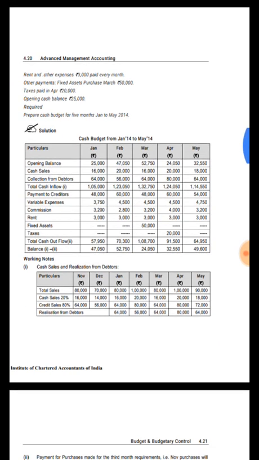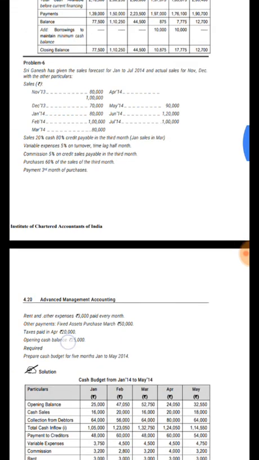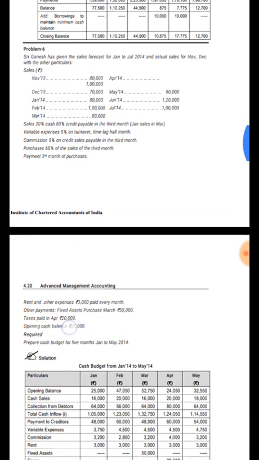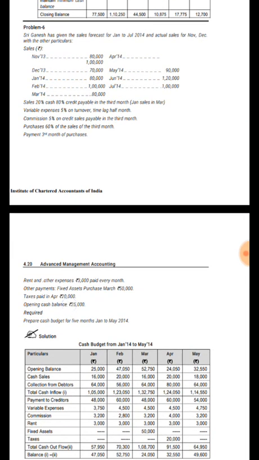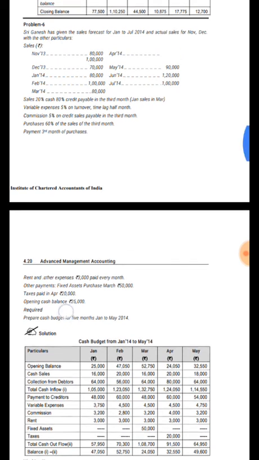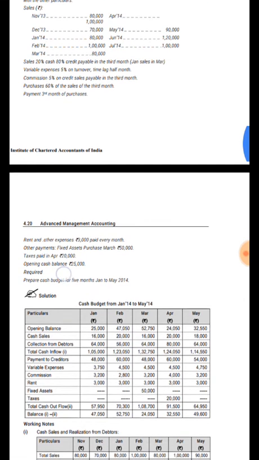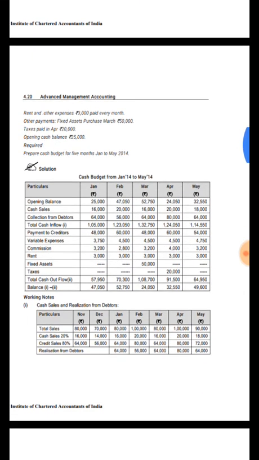So November to May, because up to May only we have to make the budget. First the total sales is taken: 80, 70, 80, 100, 80, 100, 90. In that, 20% is cash sale, 80% is credit sale.